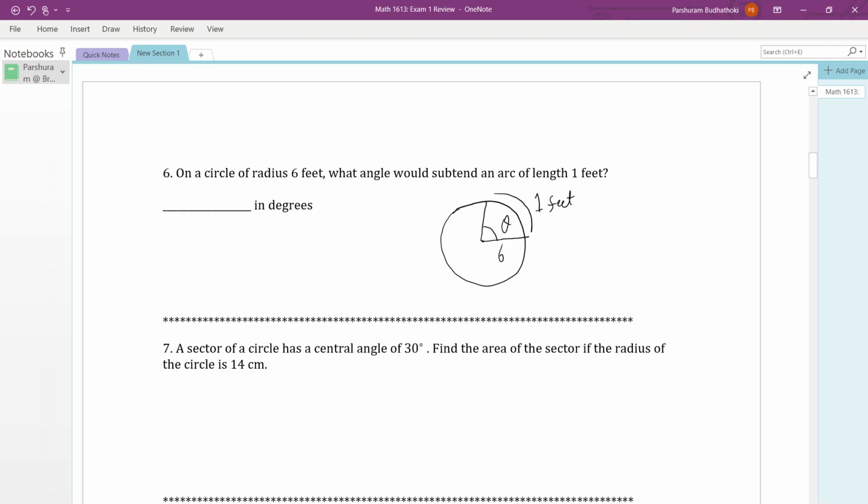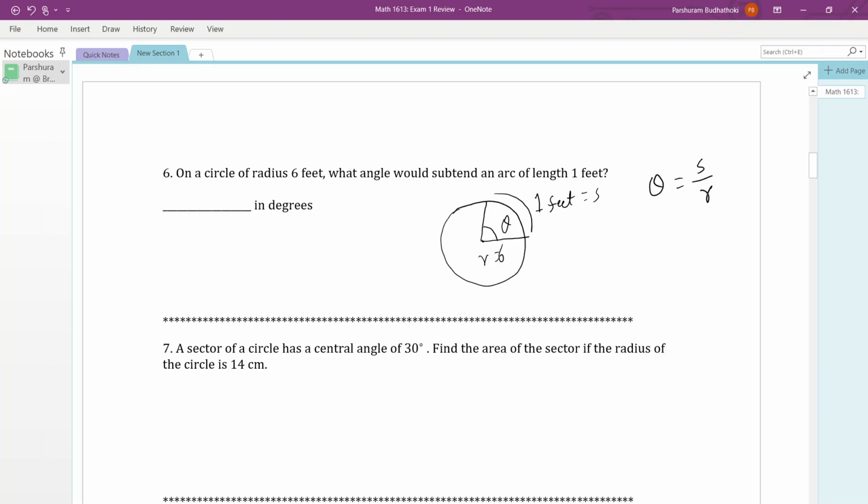To do this problem, we should know the formula. If this is your radius and this is your arc length S, then there is a formula: theta equals arc length over radius.